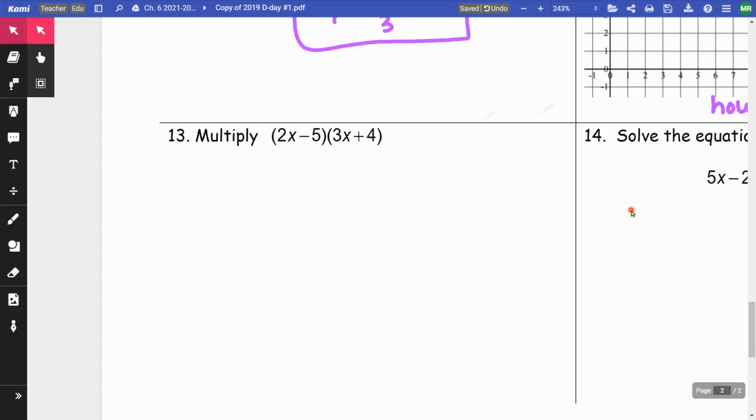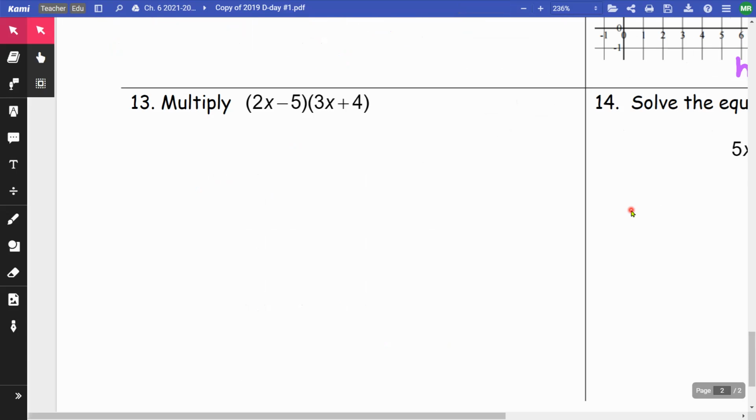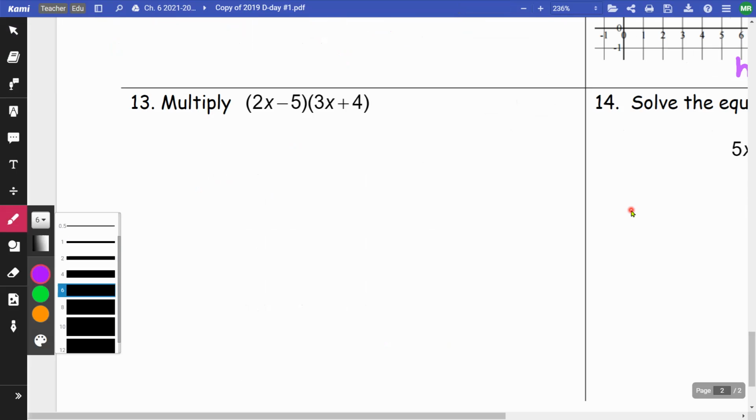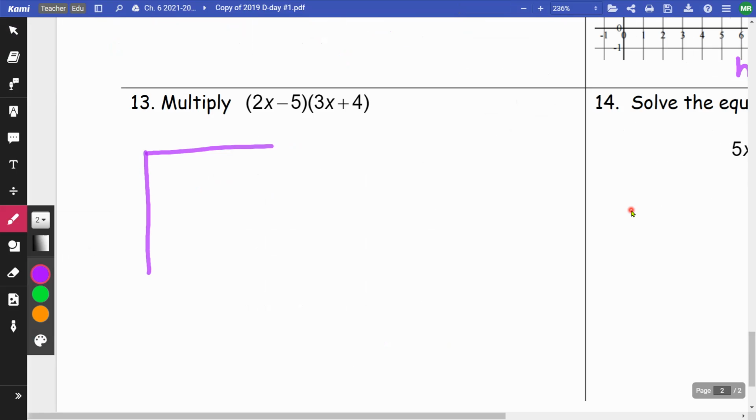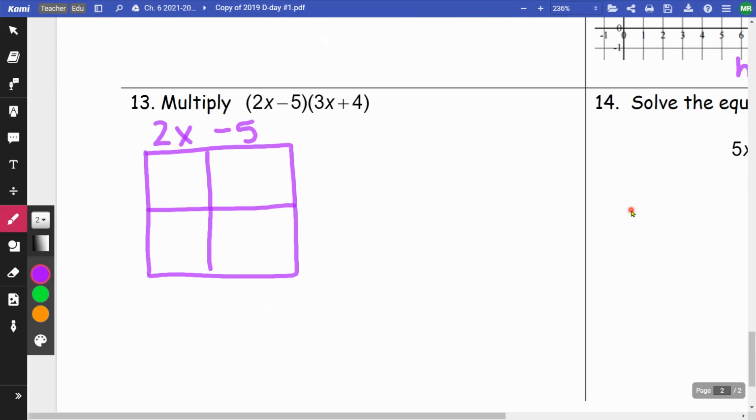Next situation, we're going to multiply this out. So for this, I am going to do the box method, area model. I have a 2x and a negative 5, a 3x plus 4. When I multiply to get this box, I get a 6x squared. When I multiply to get this box, I get a negative 15x.